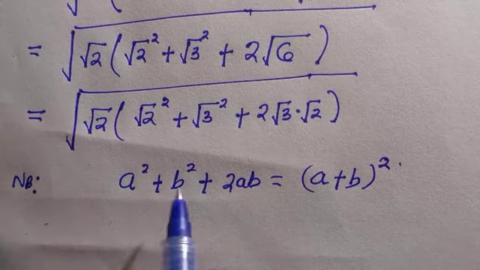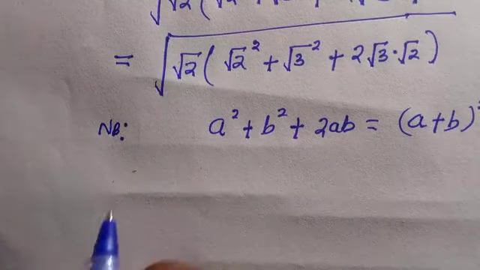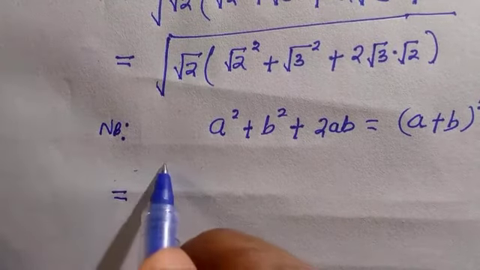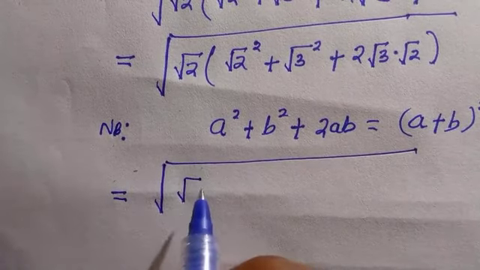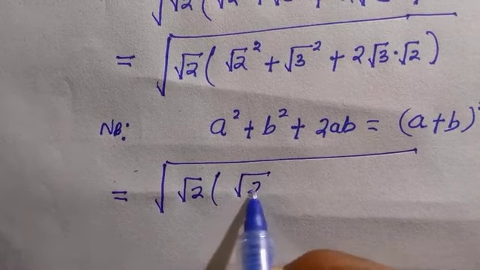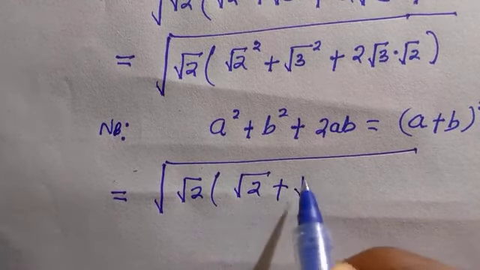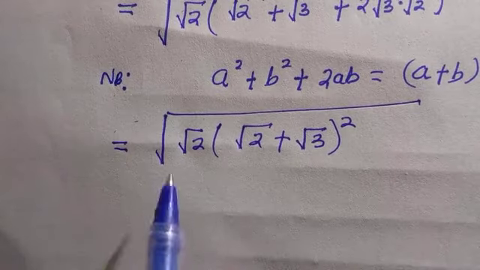So let's try to compare it with what we have above. We are going to have it as the general root of, so we have root 2 outside the bracket. So here is root 2 plus root 3 all raised to the power 2. That's what I'm going to have.